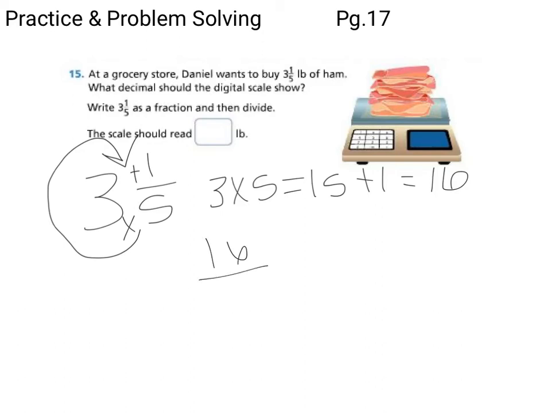So our new fraction is 16/5. Divide that, and you get 3.2. Therefore, the scale should read 3.2.